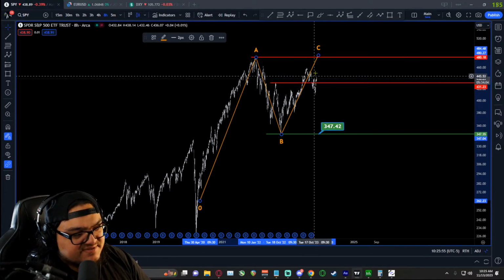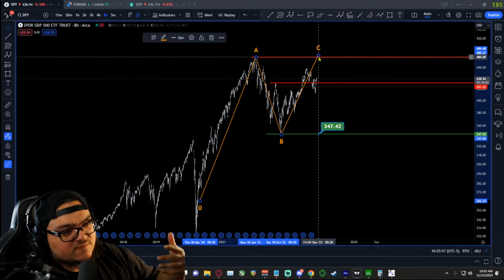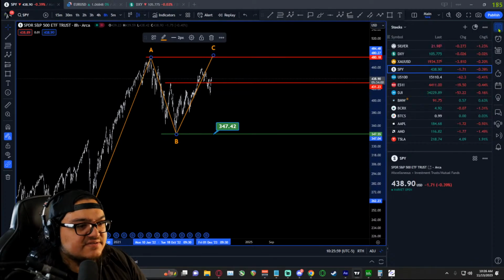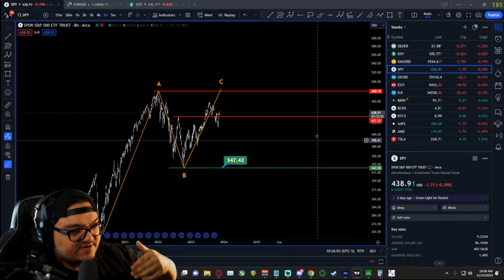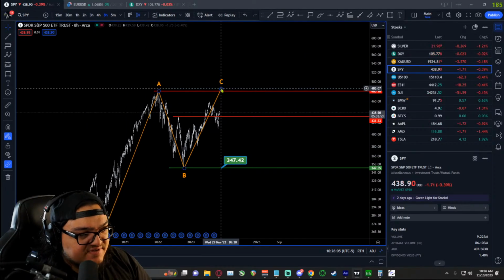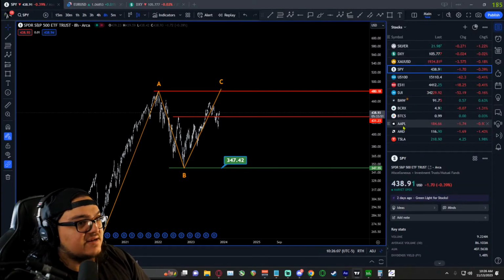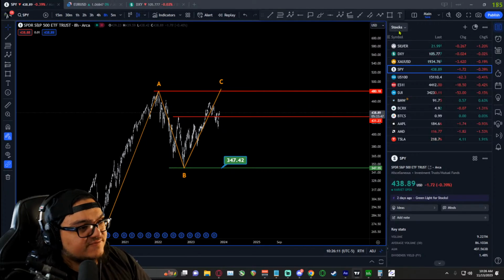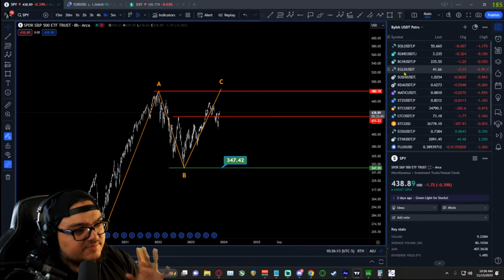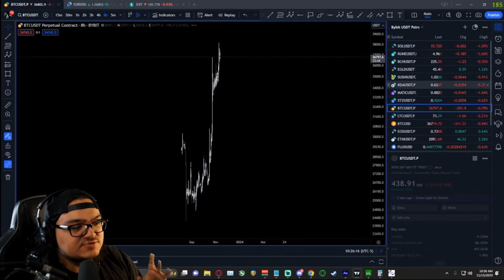But the more we hover around this region, the more I'm inclined to go with this idea. And if this idea does happen and we don't get a very explosive move to the upside and we just get a very slight wick, not good. So I'm cautious about being too bullish right now.